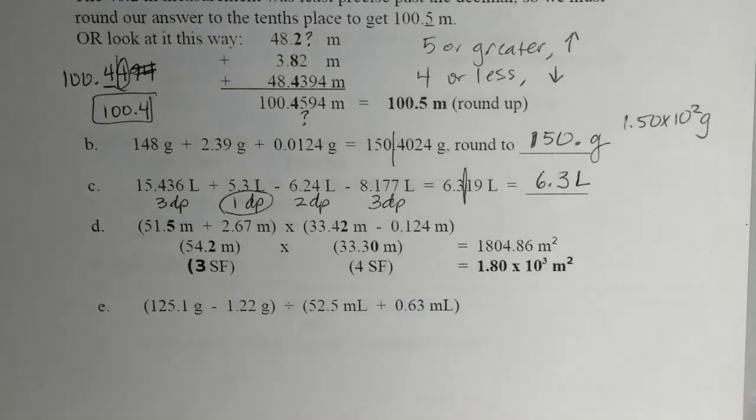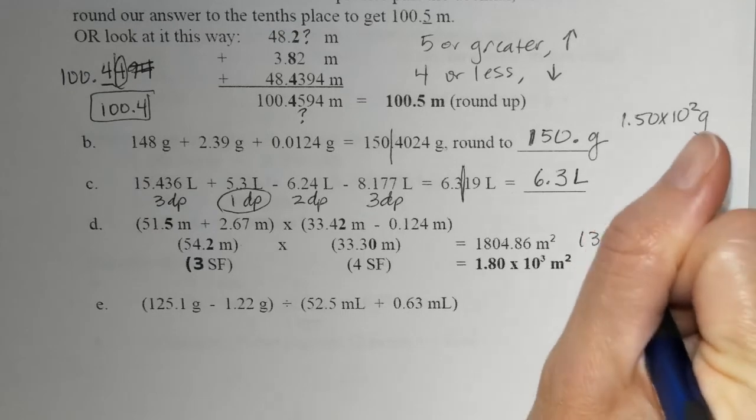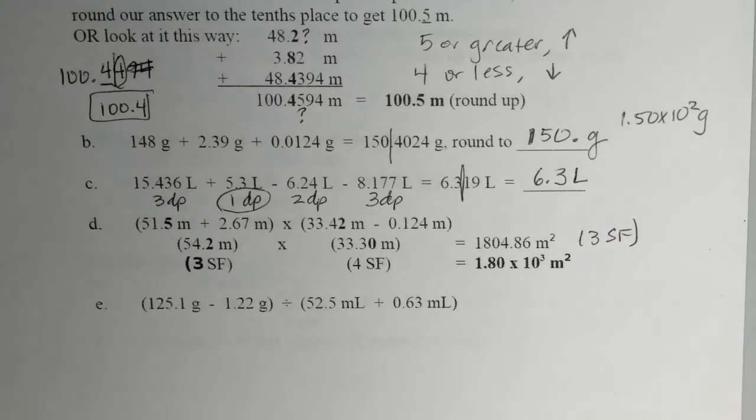Least always wins, so we're going to have to round our answer to 3 significant figures. So I want to take the 1, 8, and the 0, cutting off the 4. The only way to do this one is in scientific notation. So we're going to move the decimal 1, 2, 3 spots to the left, so times 10 to the positive 3. And in front we have 1.80.